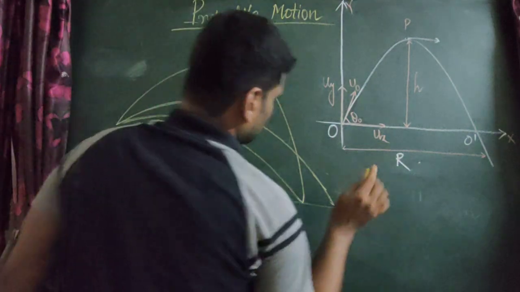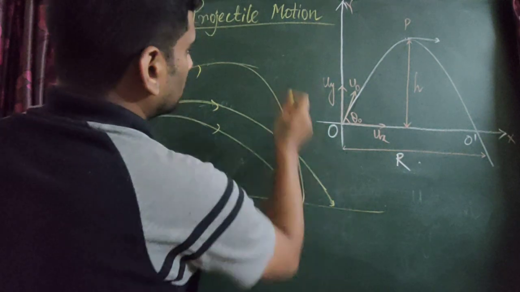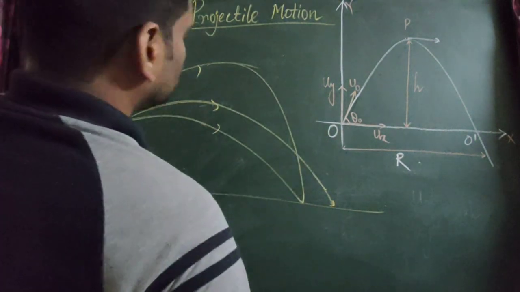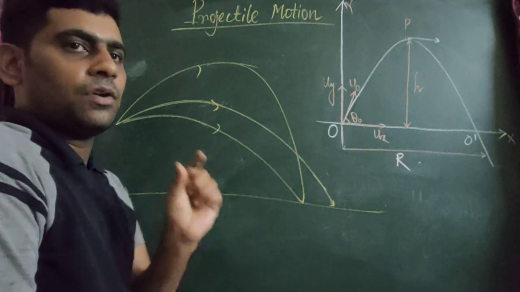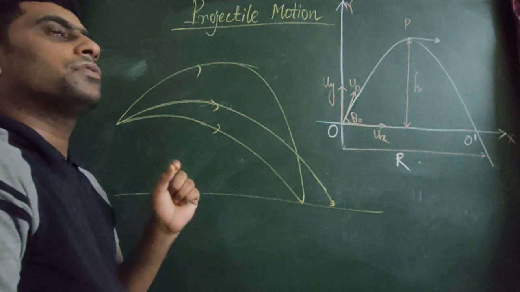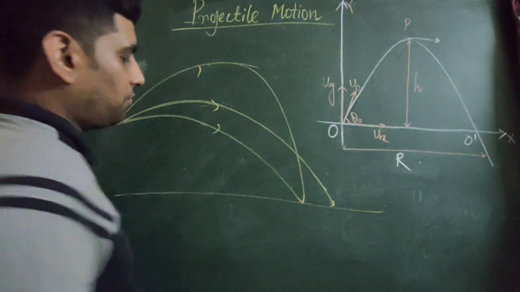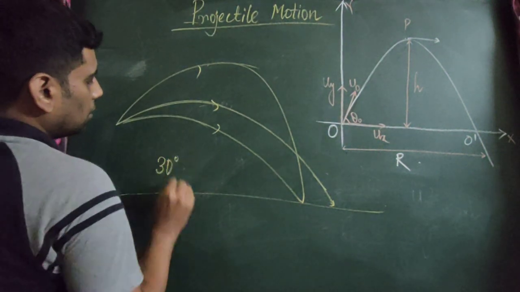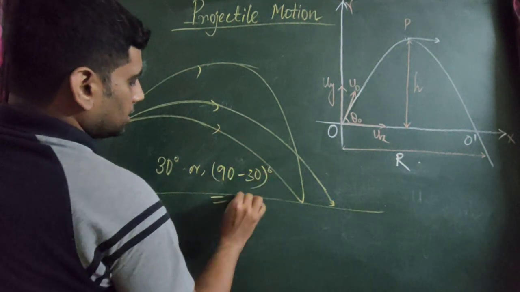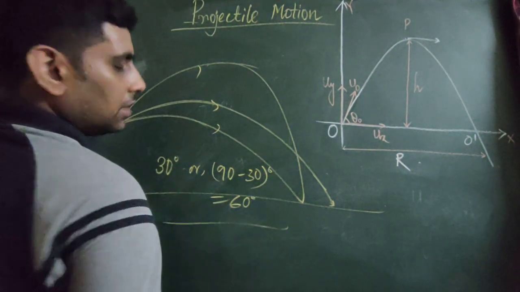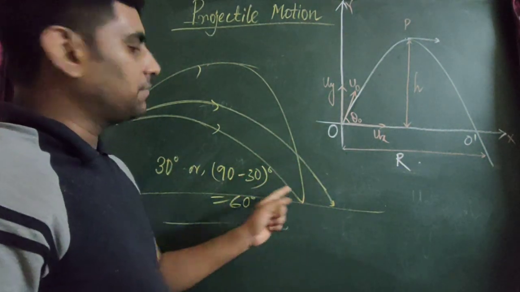In the expression you have got, if you put 90 minus theta in place of theta, the value of the horizontal range comes the same. That means whether it is 30 degrees or 90 minus 30, that is 60 degrees, the horizontal range does not change. Maximum for 45, but the same for 30 and 60.